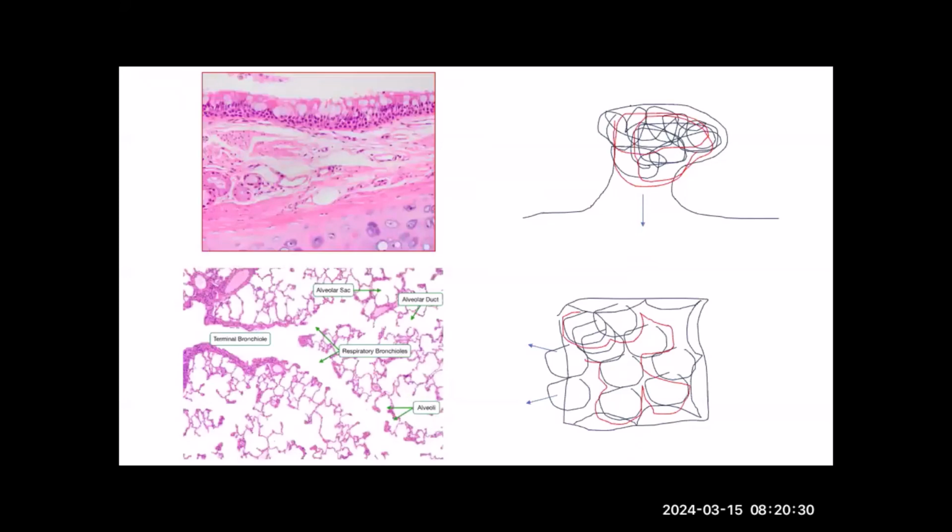Coming to a basic concept, you can see this is the normal bronchial mucosa and underlying cartilage.